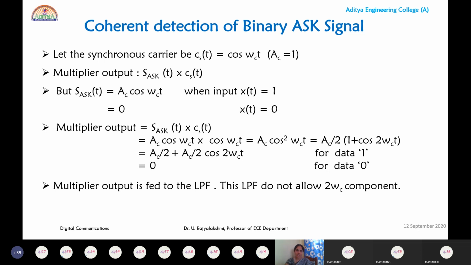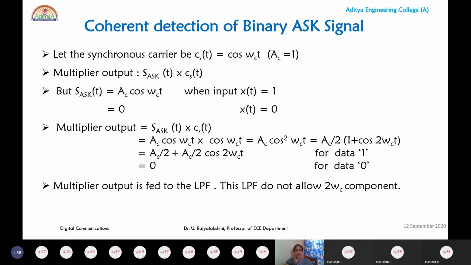When x of t is 1, the ASK signal will exist, that is A_C cos omega ct. When x of t is 0, the ASK signal does not exist.